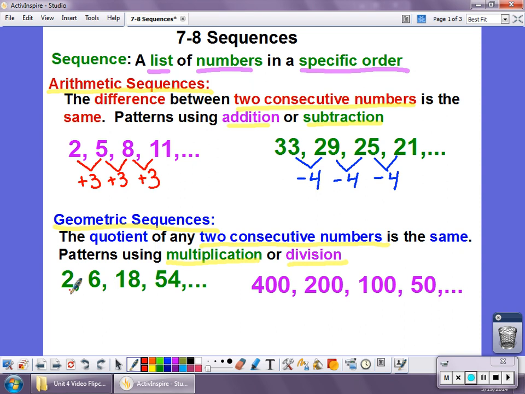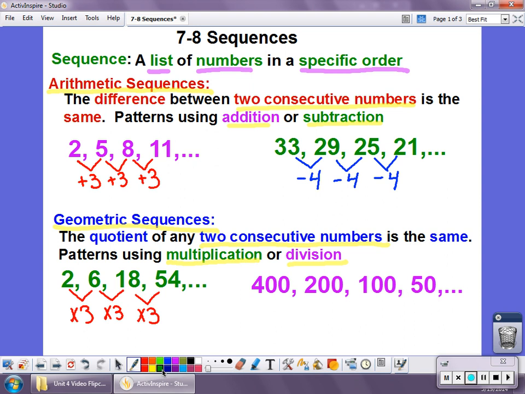So if I go from 2 to 6, I might be doing plus 4, but that doesn't work for this next set of numbers. So I think, okay, not addition, let's try multiplication. So 2 times 3 gives me 6. 6 times 3 is 18, and 18 times 3 is 54. So this would be an example of a geometric sequence because it's constantly multiplying the same amount.